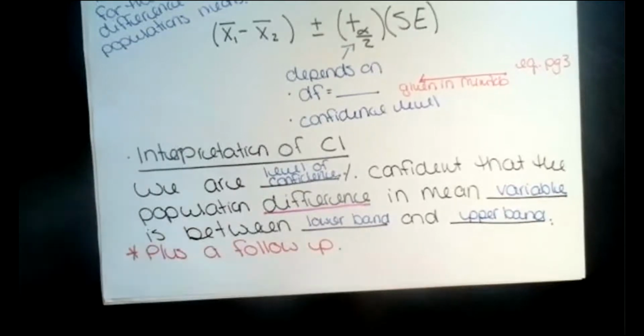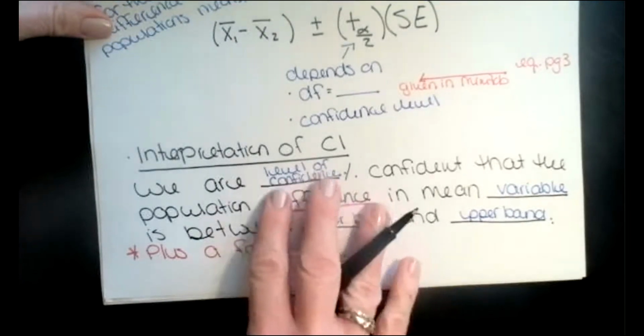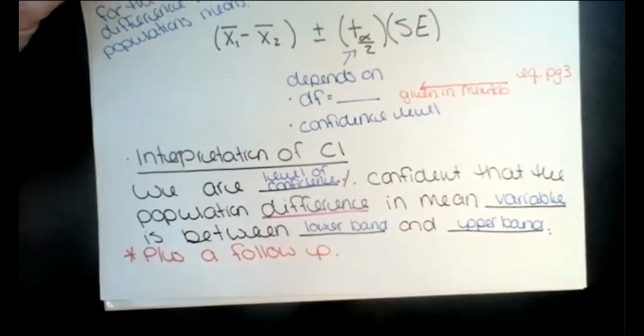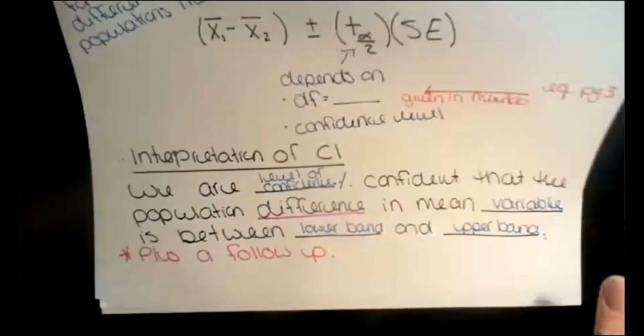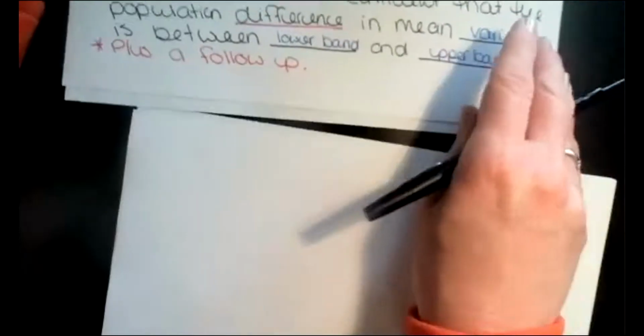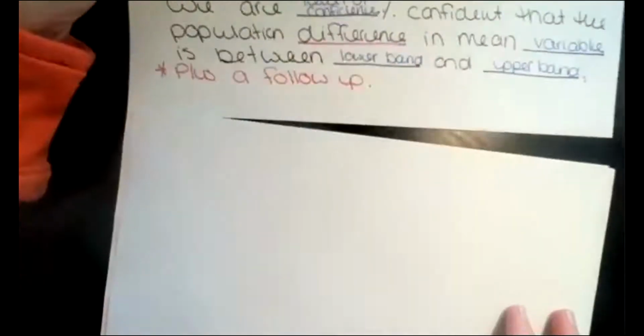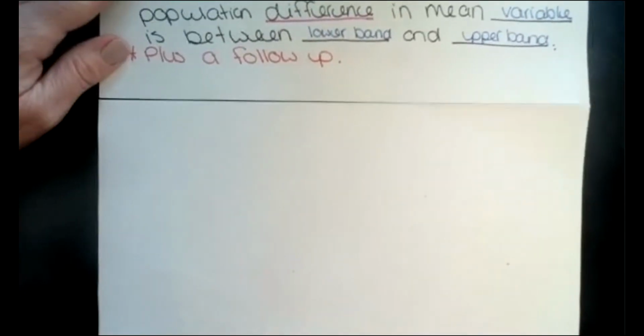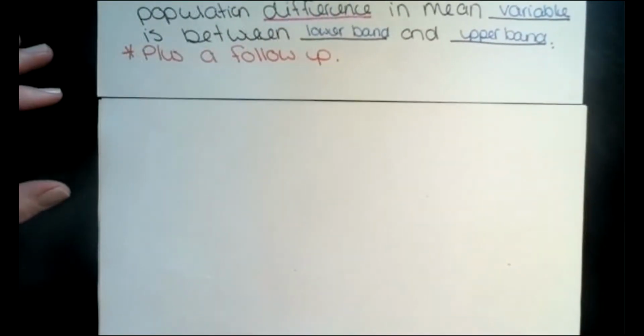We don't want to forget the follow-up because the follow-up is what's actually addressing the difference, right? So this is interpreting our results, but now we want to say, okay, well, what is it telling us, right? What are the results telling us? And that's what that follow-up statement's all about. So I'm not going to go into too much detail because we've already gone over this with proportions, and I think most of us got this. From grading the exams, I feel like everyone's pretty much on the same page with all of this.